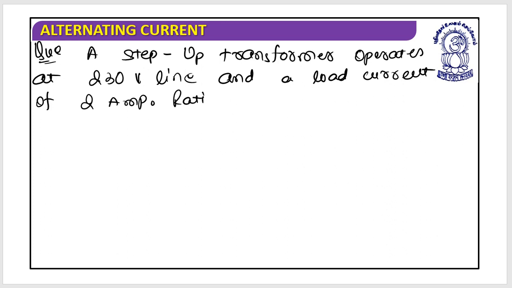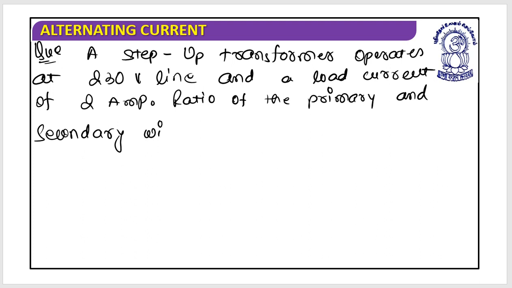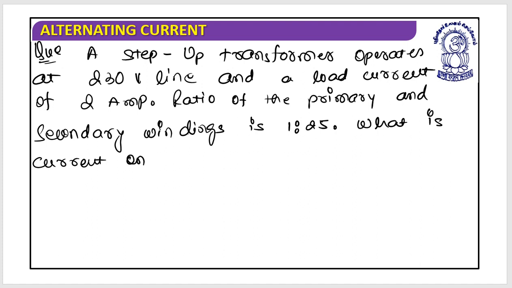The ratio of the primary and secondary windings is 1 is to 25. What is the current on the primary side? You need to find out the current on the primary side. How will you do this?